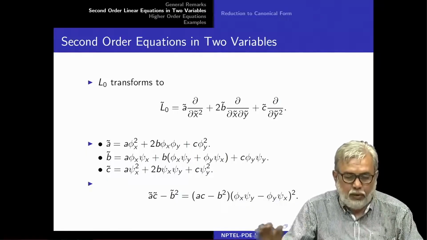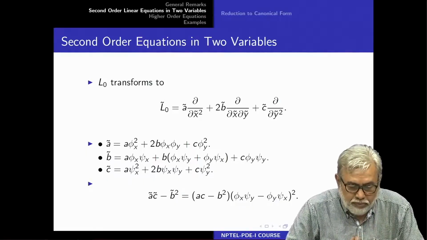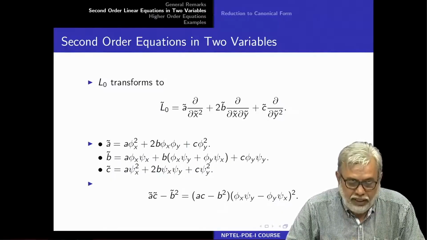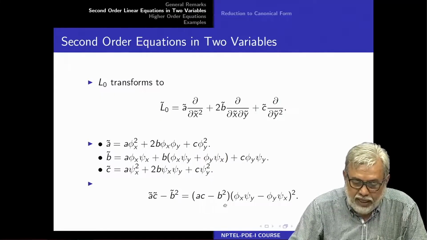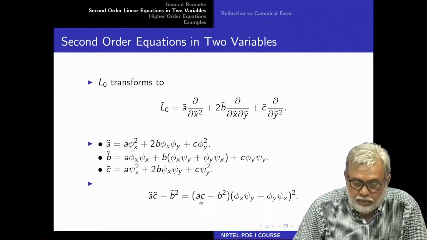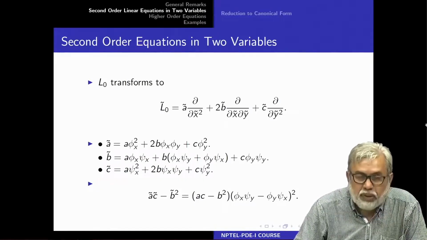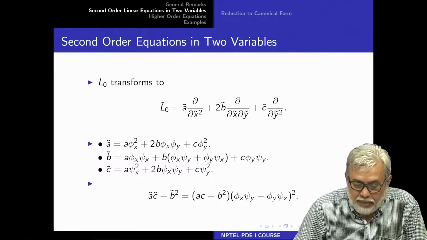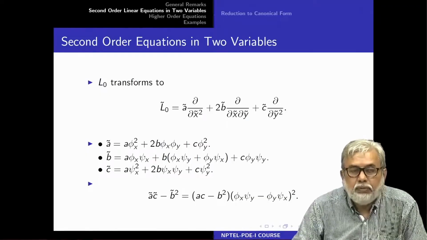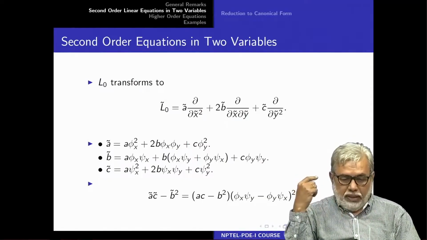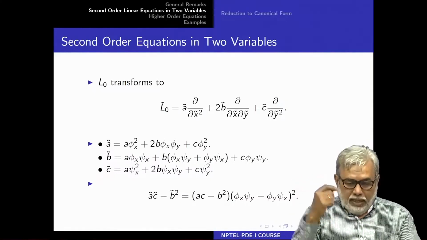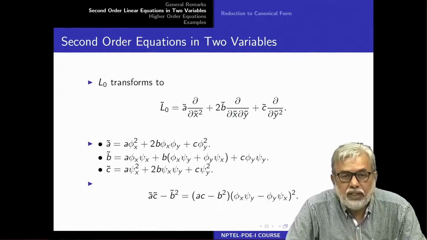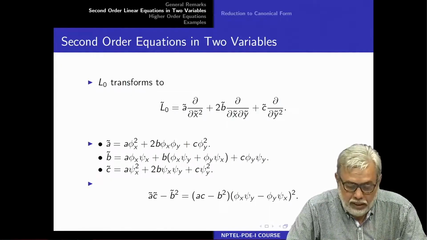So, I was telling that the nature of the quadratic form, whether it is definite or indefinite, depends on only one quantity, namely the discriminant of the quadratic, AC minus B square. If AC minus B square is positive, then the quadratic form is definite, and if AC minus B square is negative, then the quadratic form is indefinite, and when AC minus B square is 0, it is semi definite, meaning it is always either greater than or equal to 0 or less than or equal to 0.